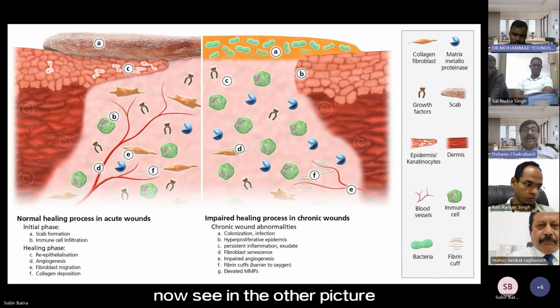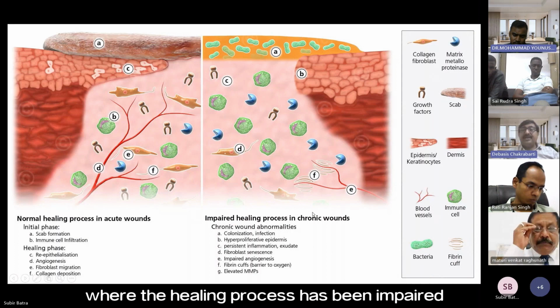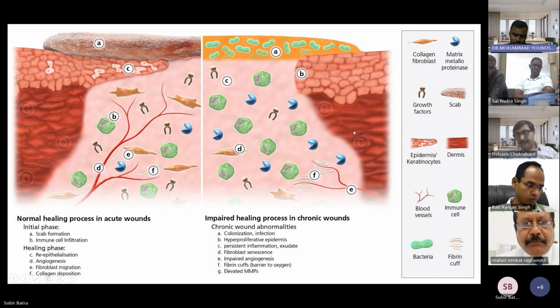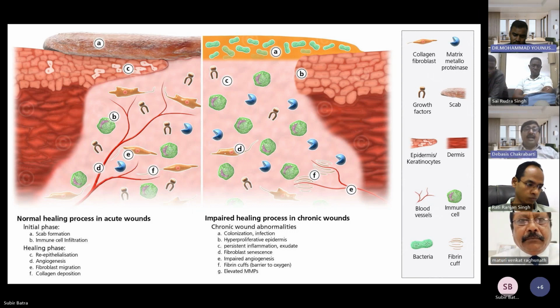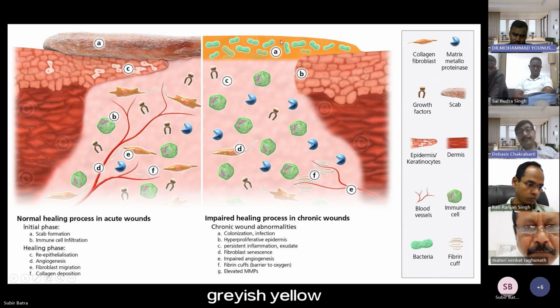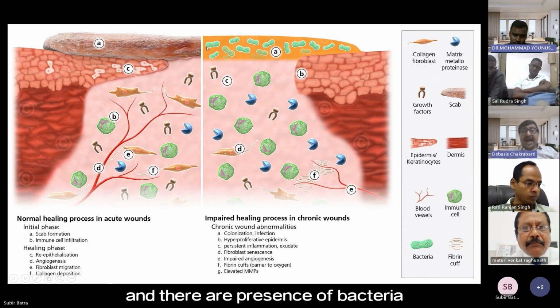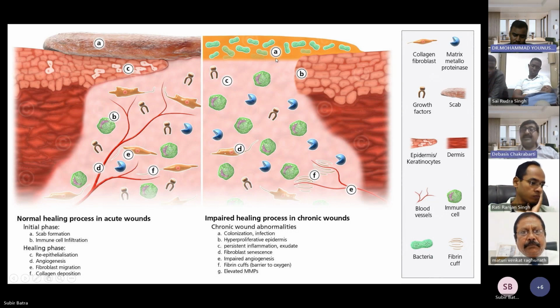Now see the other picture, where the healing process has been impaired. You see in the scab, the color of the exudate is grayish yellow, and there is the presence of bacteria. This is an infected wound.